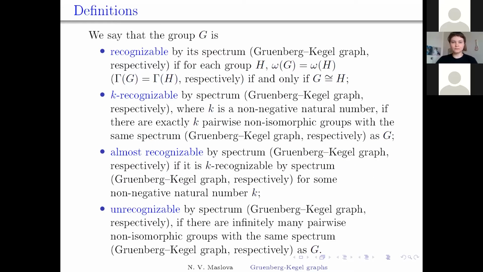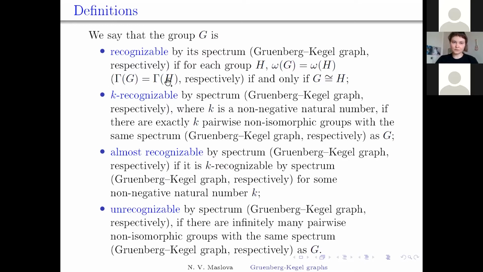Let us define a finite group G to be recognizable by spectrum or by Gruenberg-Kegel graph if it is uniquely determined by its spectrum, or uniquely determined by its Gruenberg-Kegel graph, respectively. It means that for each finite group H, if spectra of G and H coincide, then these groups are forced to be isomorphic.